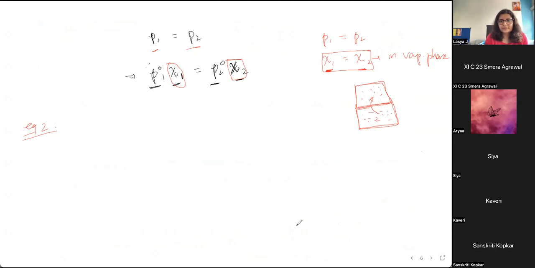Example 2 है. All right, so right now we have P naught A is 450 mmHg. P naught B is 700 mmHg. We have P total equal to 600 mmHg.